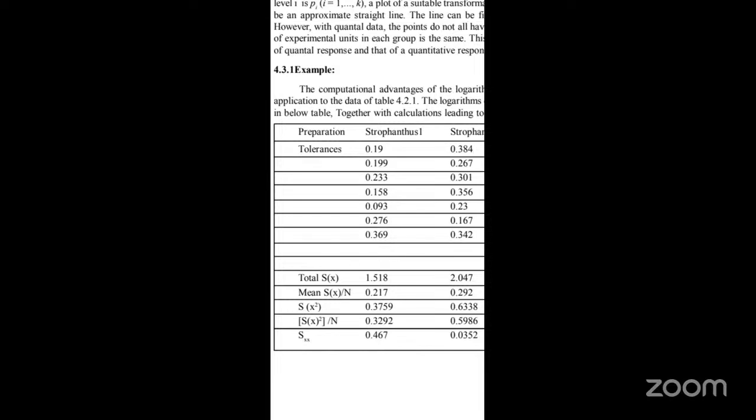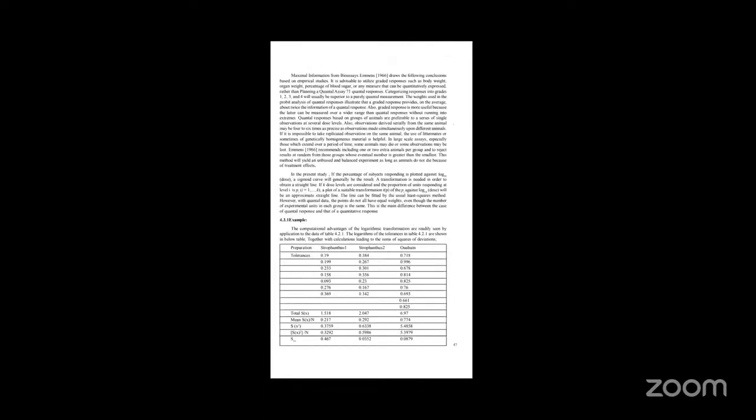So here the population variance S square by n is this, and this you substitute here, you will get the value. The pooled variance S square is 0.00489, with 20 degrees of freedom.